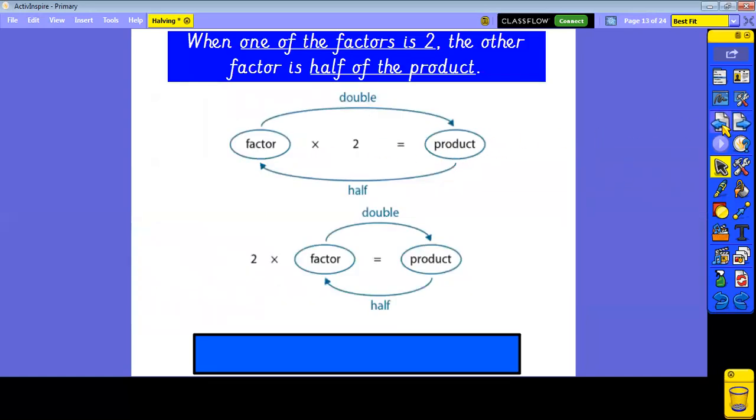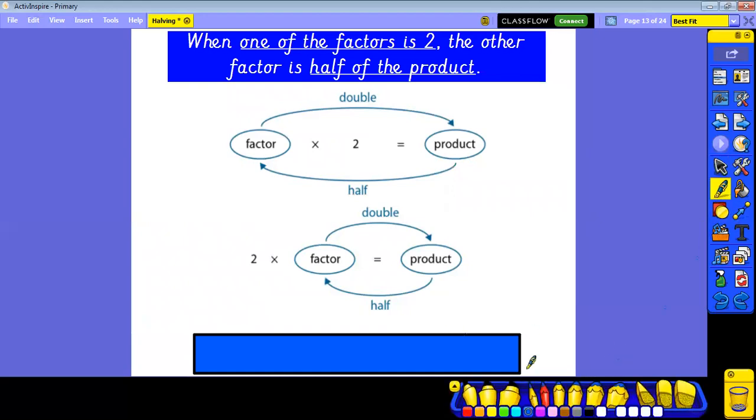So what you're seeing here is the relationship between doubling and halving. If I've got a multiplication question, so let's say I'll write the number 4 in here. So 4 times 2, well, I know that I need to get 4 fingers up and count in my 2s, 2, 4, 6, 8.